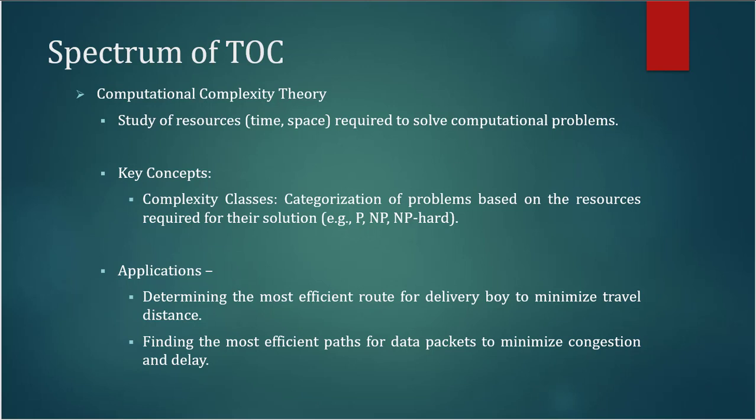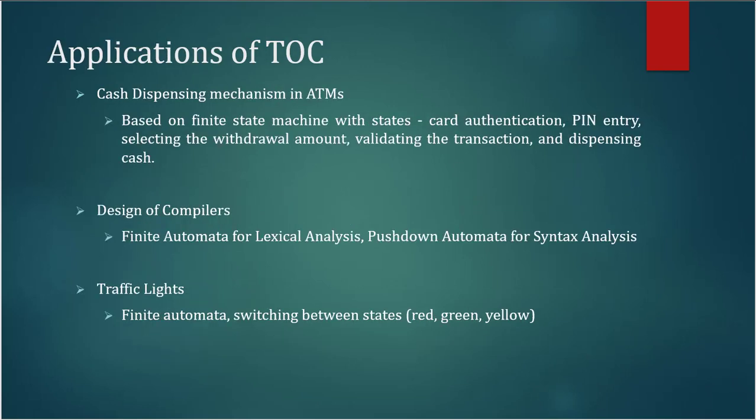The applications of this branch include finding the time and memory required to determine the most efficient route for a delivery boy to minimize the travel distance. Another one is finding the resource requirements for determining the most efficient paths for data packets to minimize congestion and delay in a network.